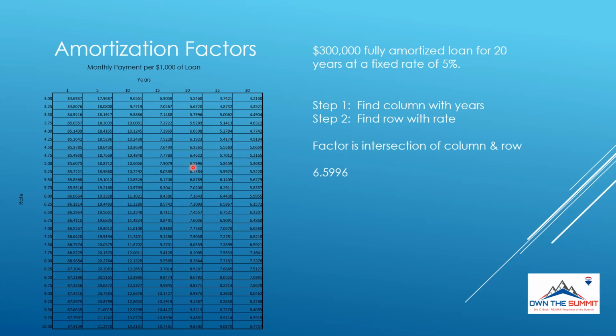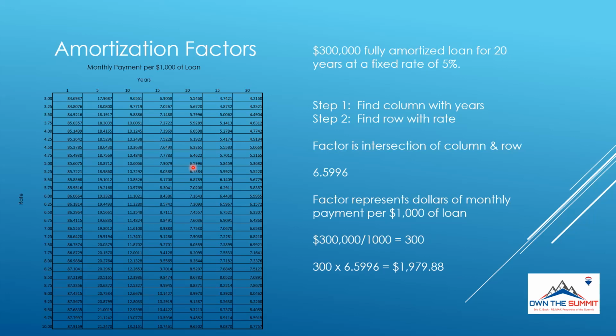So for every $1,000 of a loan, it's $6.5996 in monthly principal and interest payment. So if we look at our loan, we have a $300,000 loan, so that's 300 1,000s. 300 times our factor gives us a payment of $1,979.88, the number we had seen earlier.